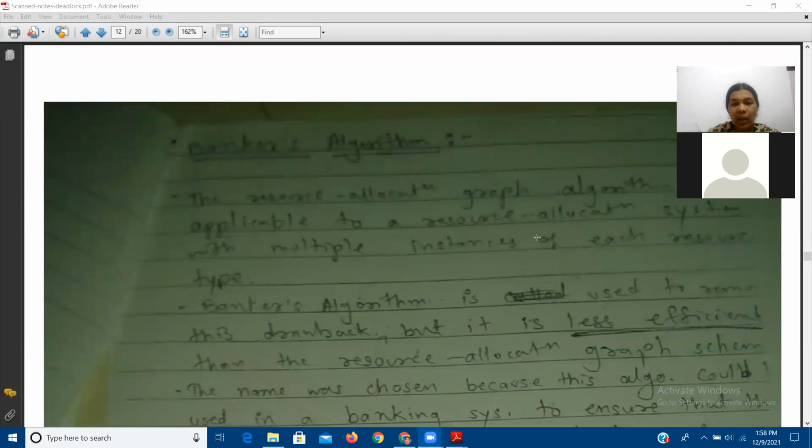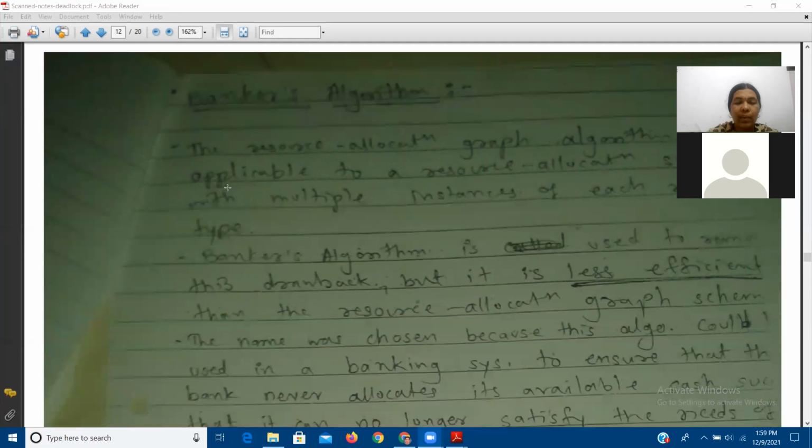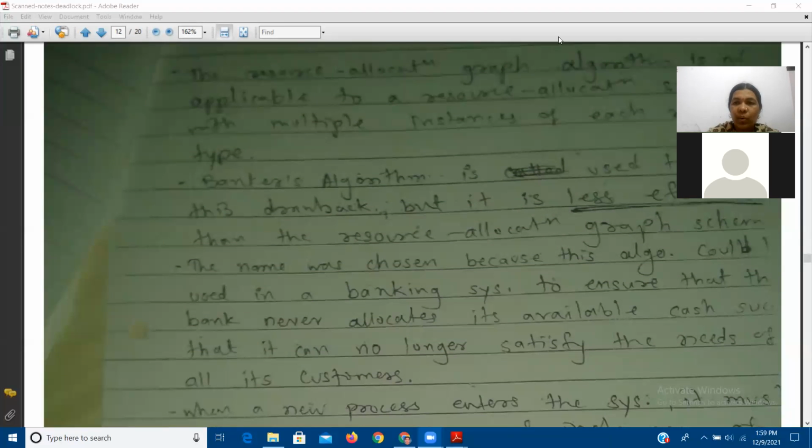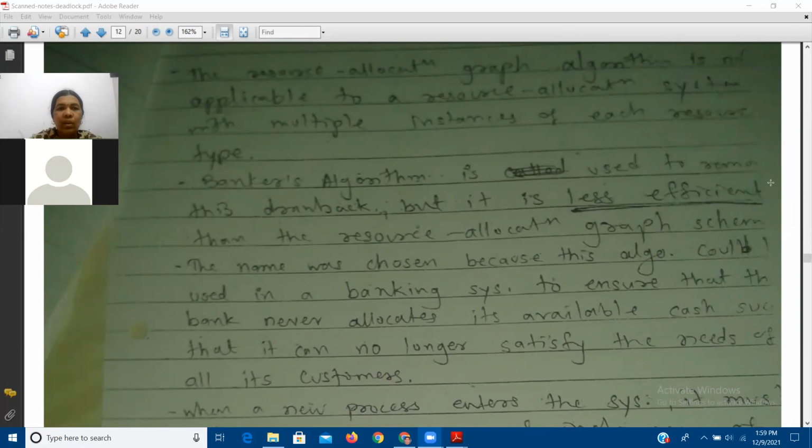Banker's algorithm is the first algorithm in deadlock avoidance. The resource allocation graph algorithm is applicable to resource allocation with a single instance of each resource type. Let it be, we'll see this algorithm afterwards. Banker's algorithm is used to remove this drawback of the resource allocation graph algorithm, that it is not applicable in case of multiple instances of a resource type.